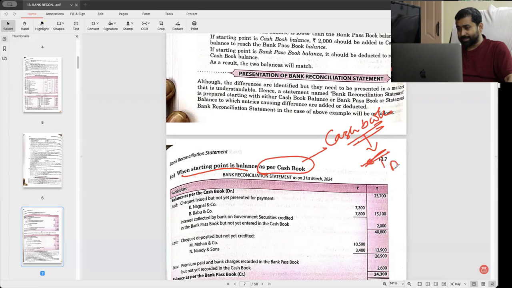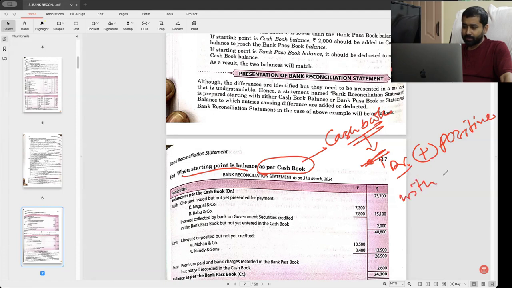So cash book debit balance means add or positive number. Correct, no? Yes, sir. One more point as per the rule, you remember that if you start your question with cash book balance, you can change only the cash book.